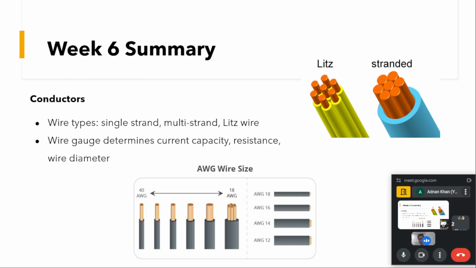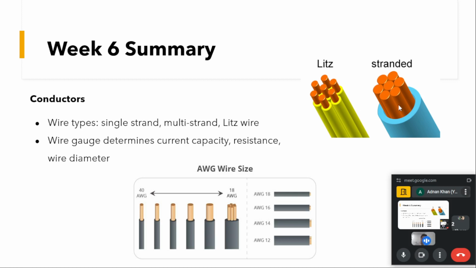To avoid that, we have the Litz wire, where the diameter of the individual wire is comparable to the depth which carries the current, or maybe even smaller, so that we can eliminate the skin effect. You can see in the case of the Litz wire, the individual strands are insulated and then put together under an outer insulation.